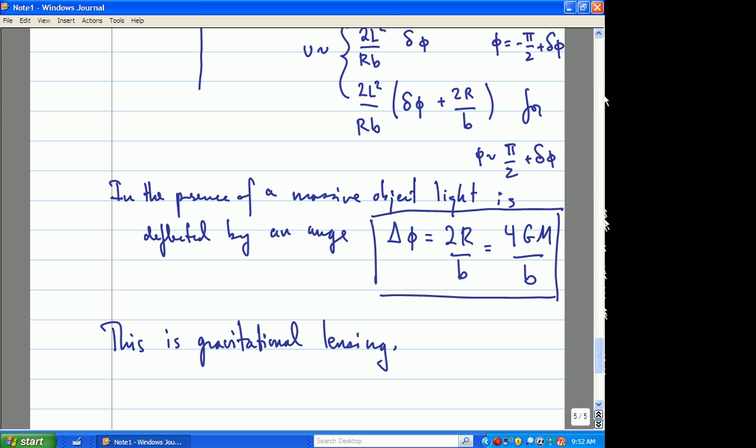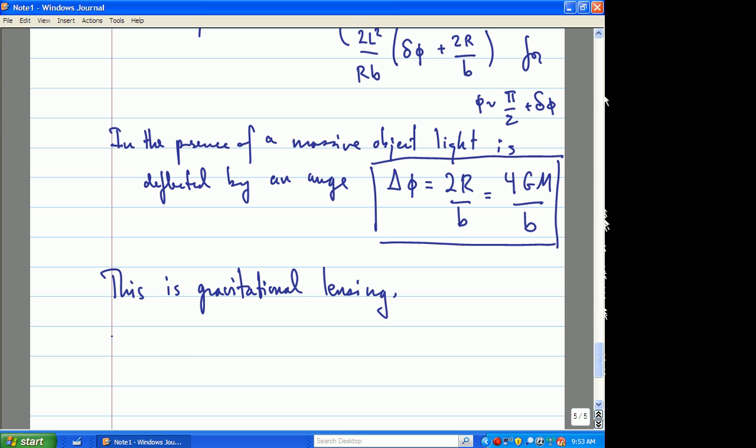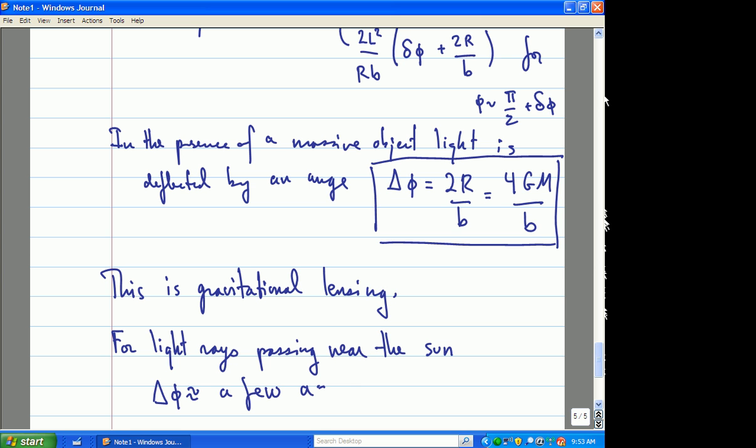So, for example, if you just go ahead and plug in some numbers, you plug in the mass of the sun and the radius of the sun, this means that for light rays passing near the sun, delta phi is of order a few seconds of arc. Now, when would this be observable?